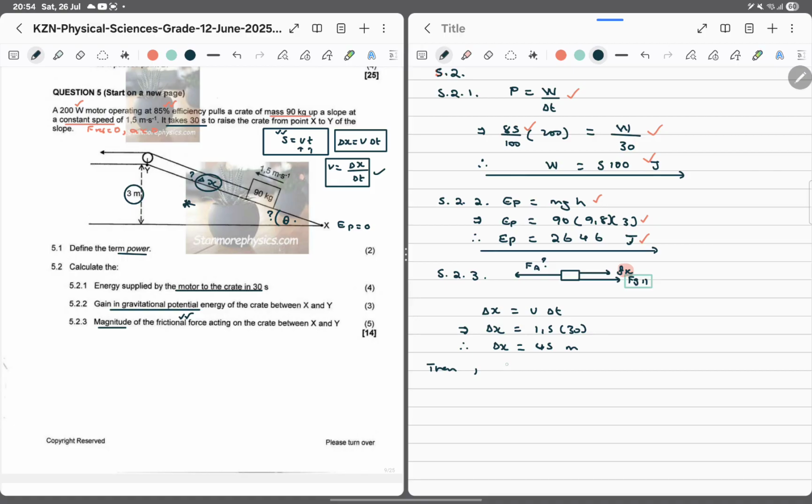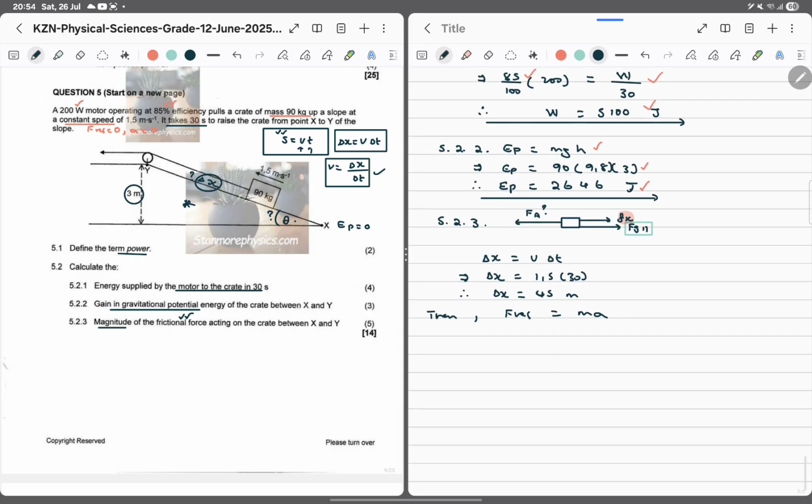Then we know that the resultant force is always equal to mass times acceleration. Now we can say upslope is positive or downslope is positive. It doesn't really matter, folks. At this point, we just move. We can say the force by the engine. Hold your horses.